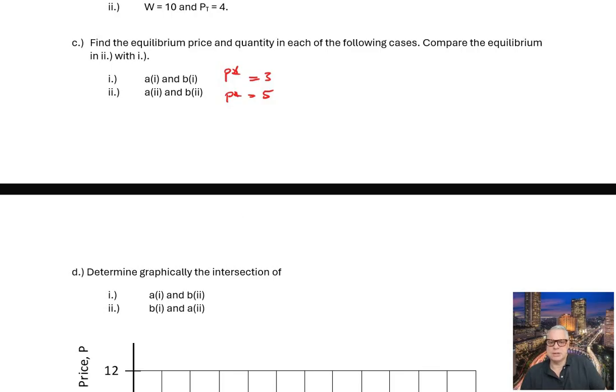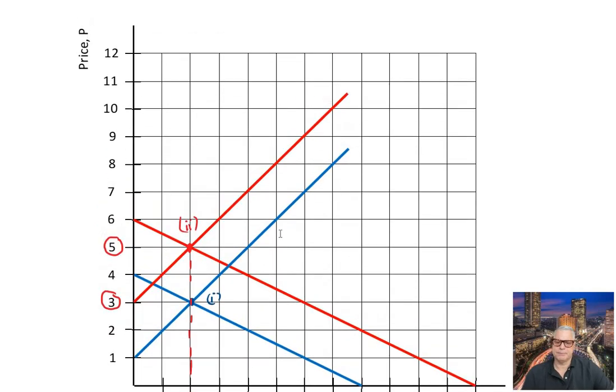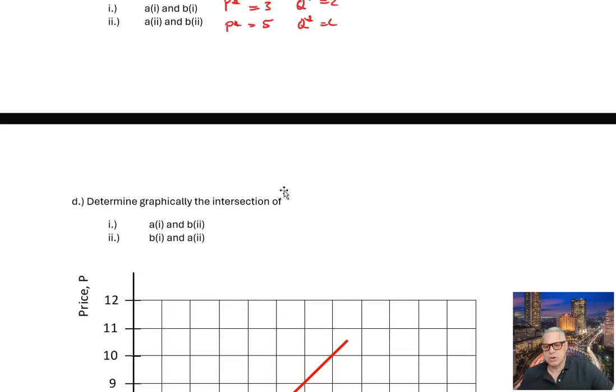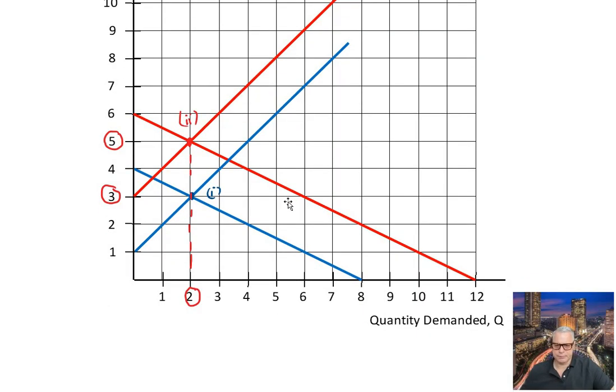And the quantity was 2. And then determine graphically the intersection, and that is exactly what we did here.